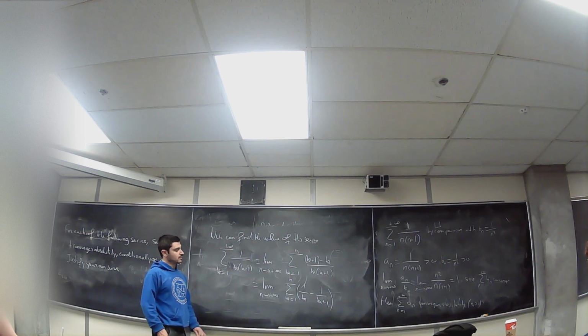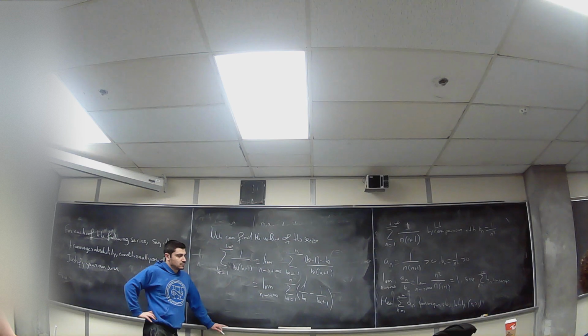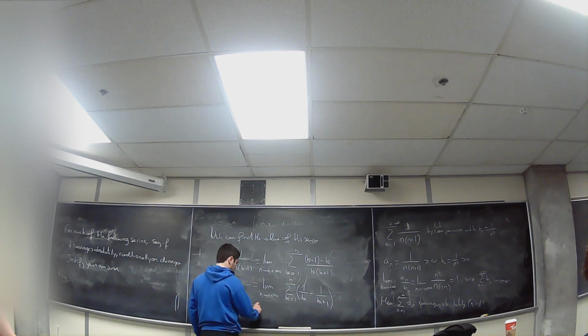Okay, now what is the sum from k equals 1 to n of 1 over k minus 1 over k plus 1? It's the very first and the very last term that stay, right? This is just the limit.